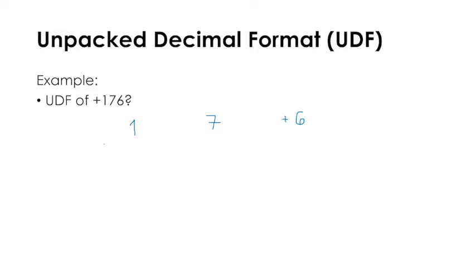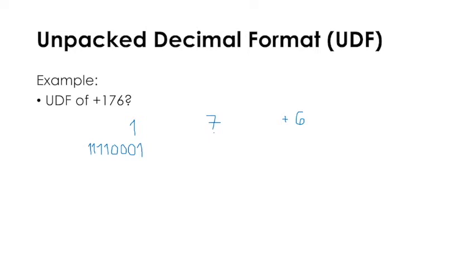For the first 4 bits, it contains the zone bits, which is constant, and the value of zone bits is 1111. And the BCD format of 1 is 0, 0, 0, 1.